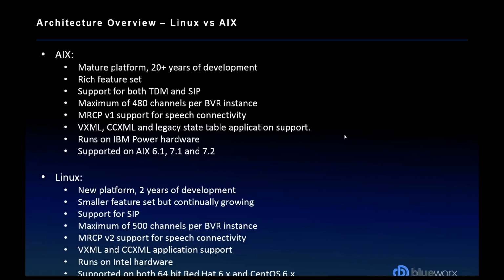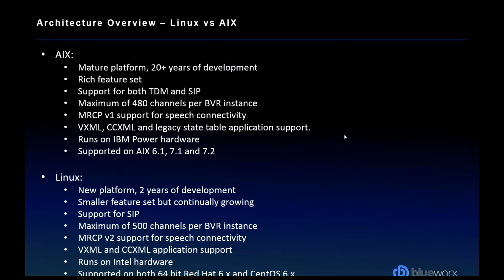Again, as Dean covered, 480 channels or individual phone calls per BVR instance, but it is supported in a virtual machine environment in AIX LPARs. Another key difference here is the MRCP support, and this is for connectivity to speech vendors. We support MRCP version 1 in the AIX platform and MRCP version 2 in the Linux platform.